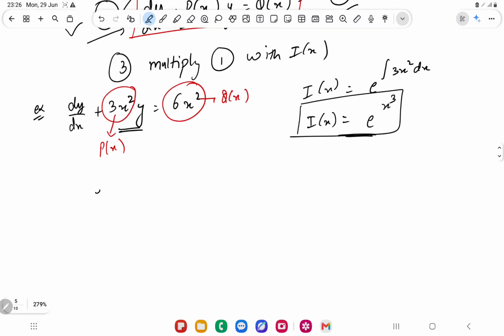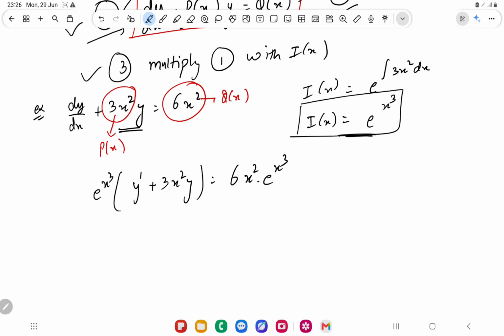So I will write e to the power x cube, and writing dy by dx as y dash, I get y dash plus 3x square y is equal to 6x square multiplied by e to the power x cube. I am done with the third step.